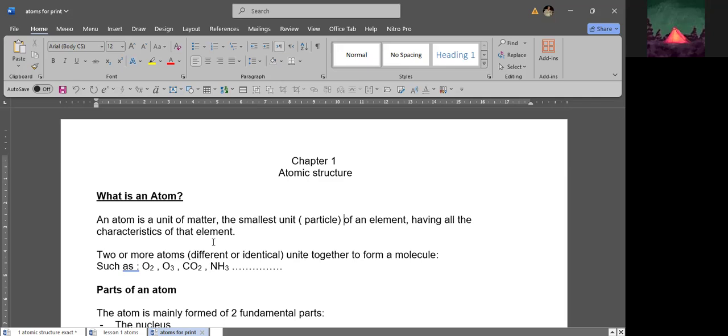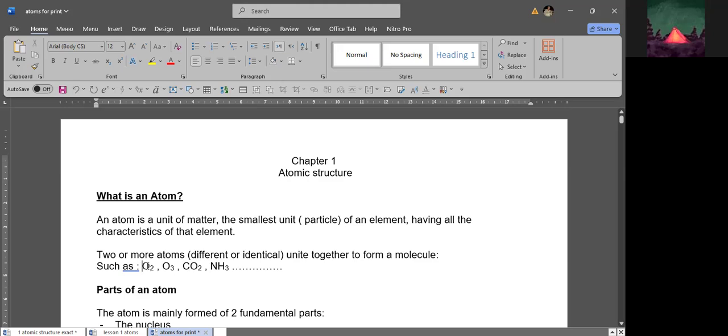Whether these atoms are different or identical, two or more atoms unite together to form a molecule. A molecule is a group of atoms. A molecule may be composed of identical atoms or different atoms.